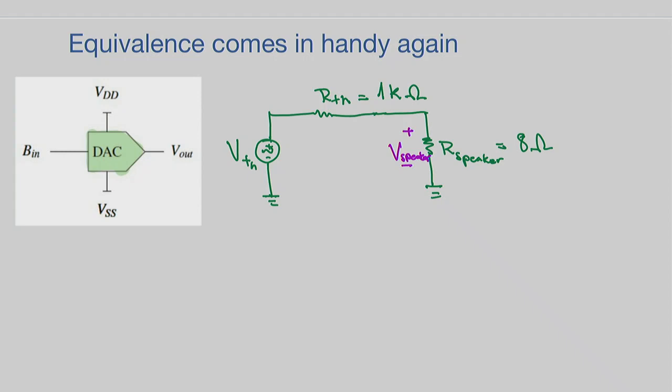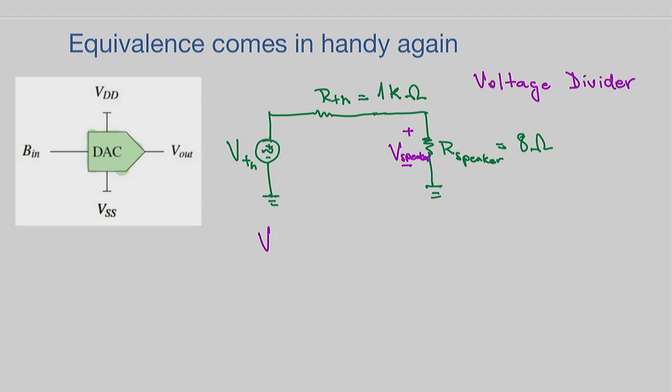Okay, you know what V speaker is, because this circuit is a well-known circuit to us. It's a block for us, which is the voltage divider. Because we are doing equivalence here, and we have blocks, we know the answers already.